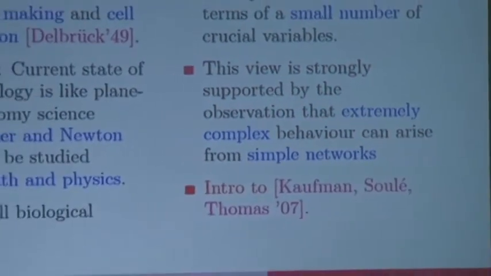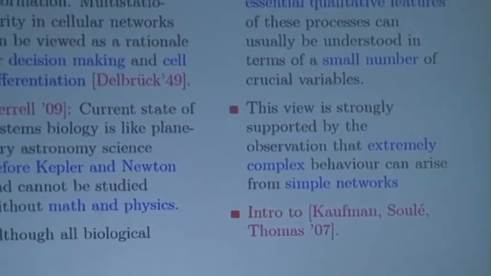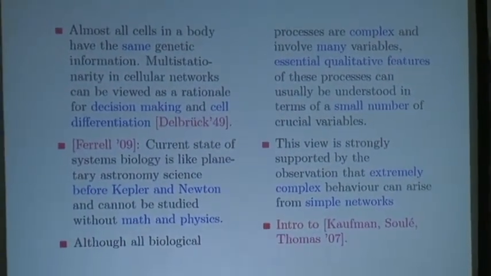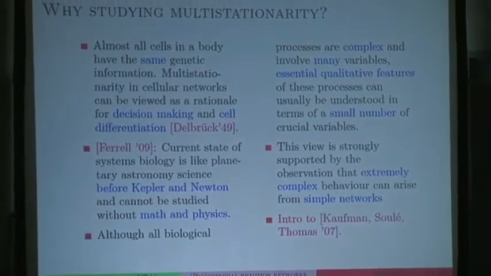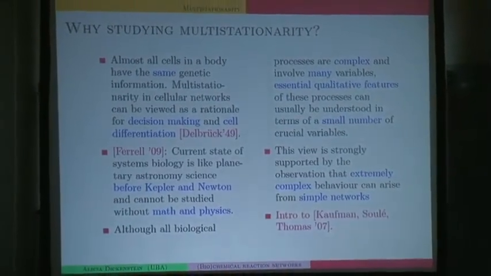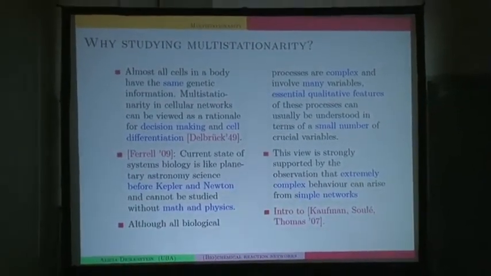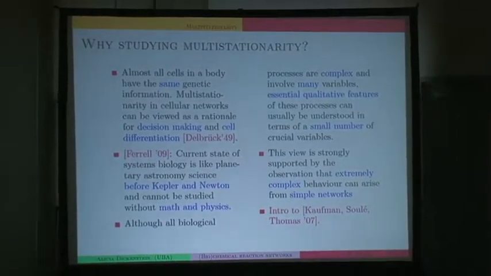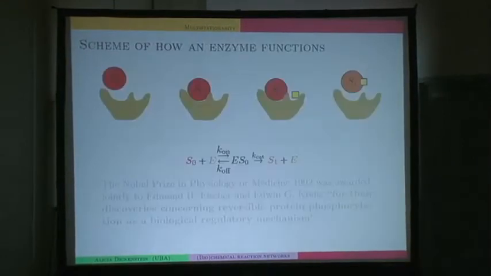I took these two sentences from this article by Kaufman, Soule, and Thomas. Maybe you've heard of Soule. He works in Arakelov theory, but he has a few papers in biology, which are very interesting. So I'm going to speak about multistationarity, essentially, in my talk today.